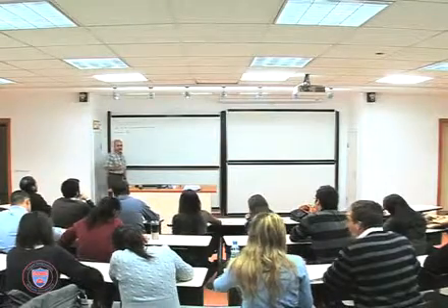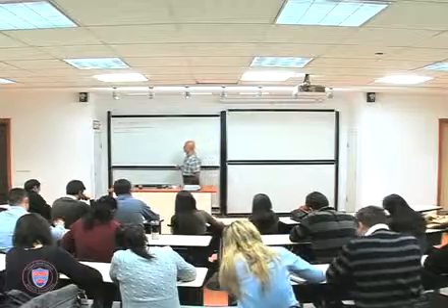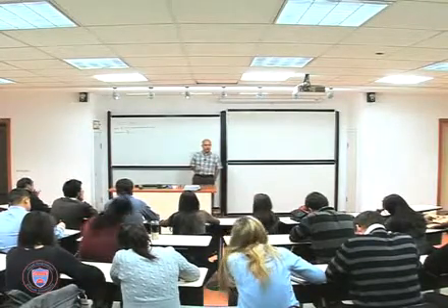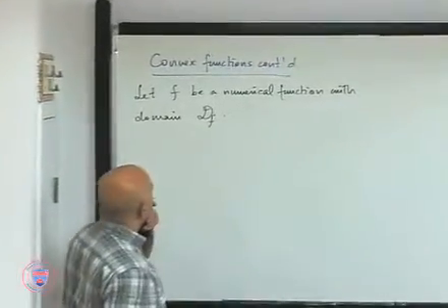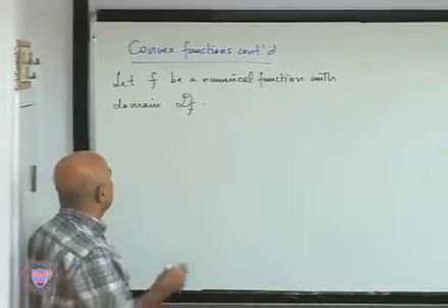Okay. We'll just continue with convex functions, and then we'll go into other concepts such as hyperplanes, extreme points, and so on and so forth. But let's just look at a convex function, a function f like this.